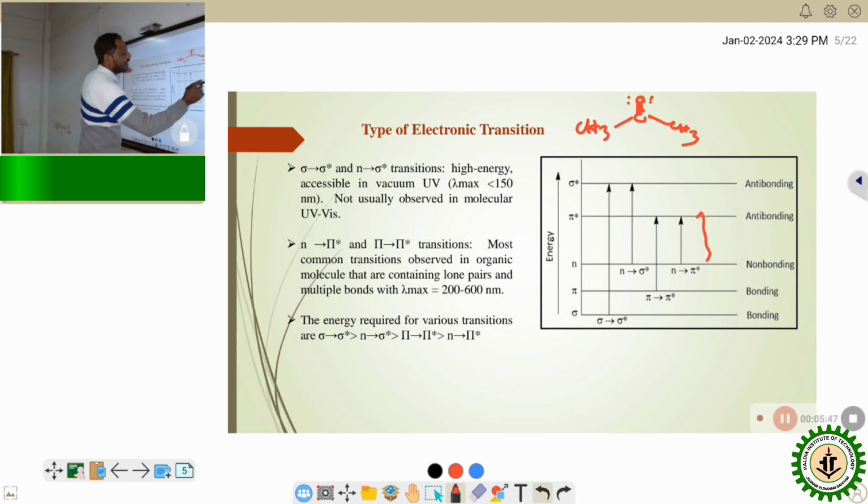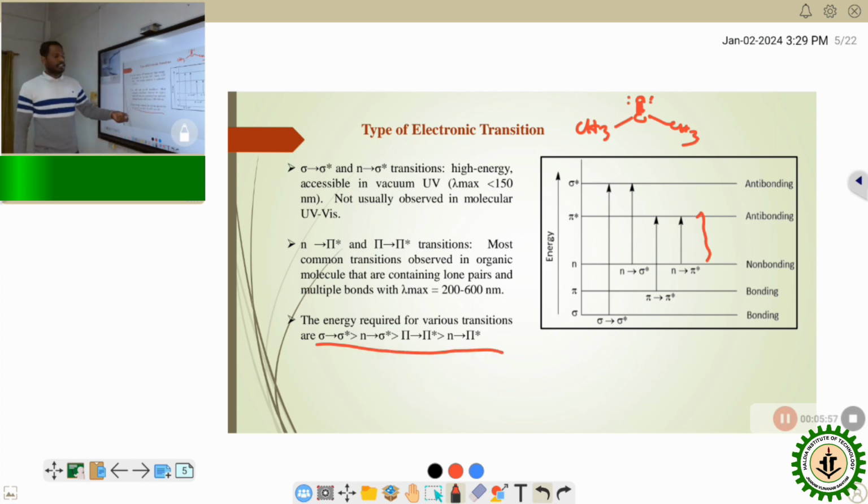So the energy order is: sigma to sigma star requires the most energy, then n to sigma star, then pi to pi star, and then n to pi star. So the lowest energy transition is n to pi star, and the highest energy transition is sigma to sigma star.